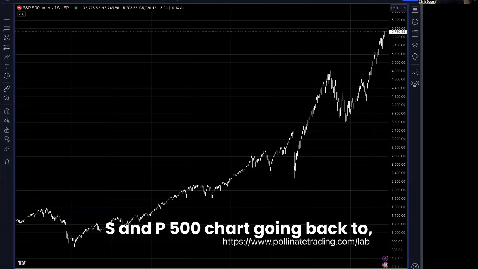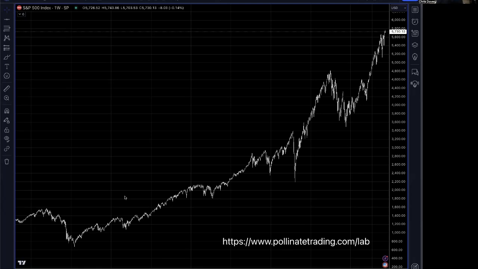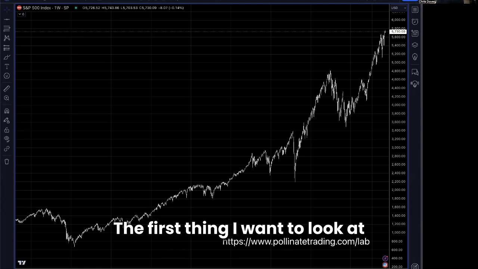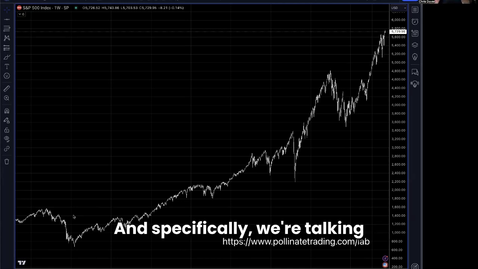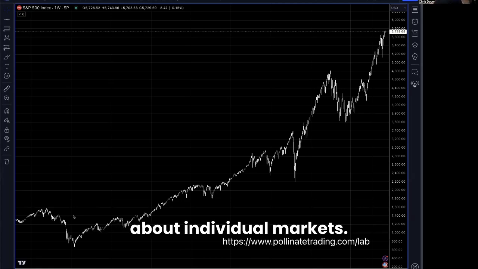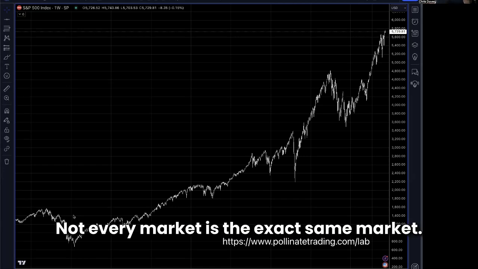S&P 500 chart, going back to the global financial crisis, 2007. The first thing I want to look at here is, just realize the market goes up. And specifically, we're talking about individual markets. This is super important to understand, okay? Not every market is the exact same market.